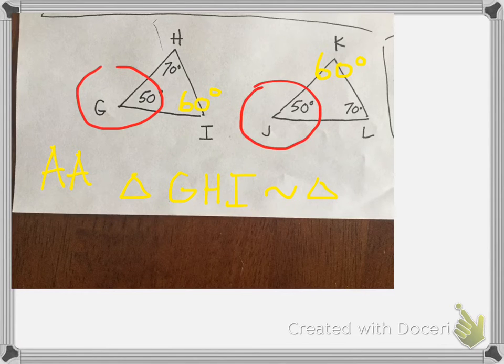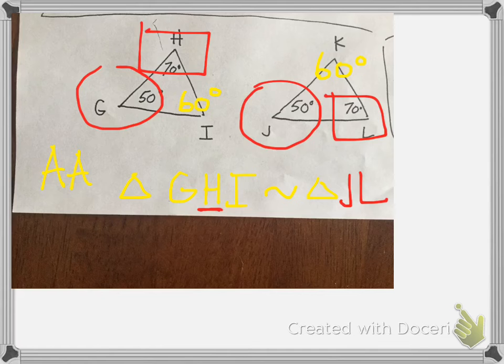So that's J. And then H is the second one, and H is 70, so that has to be L. So you have to orient them or flip them around in the right direction correctly. And then I is 60 and K is 60. So that's how you do the congruence statement.